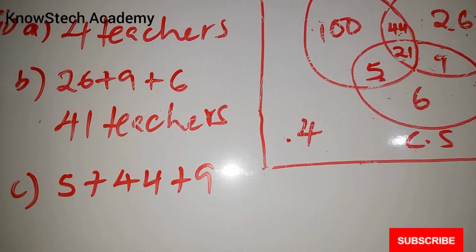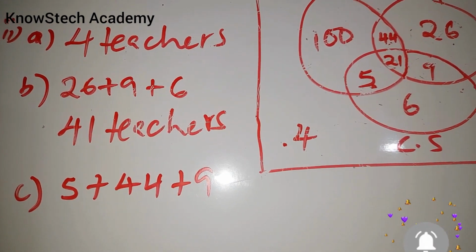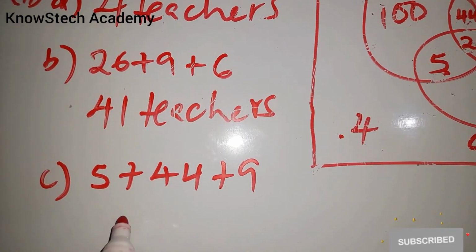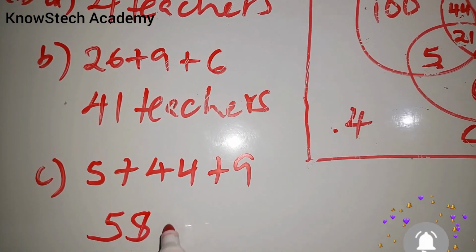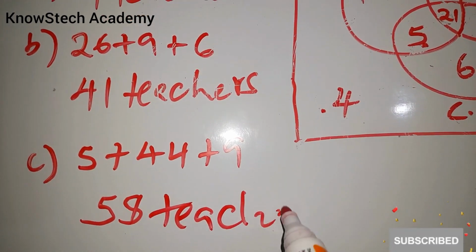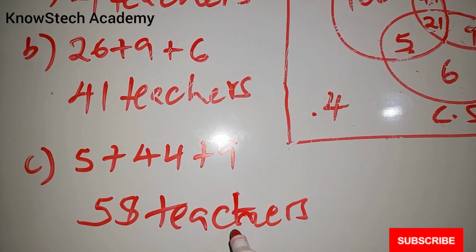Okay, so 5 plus 44 plus 9 is telling me it's 58 teachers. 58 teachers. All right.